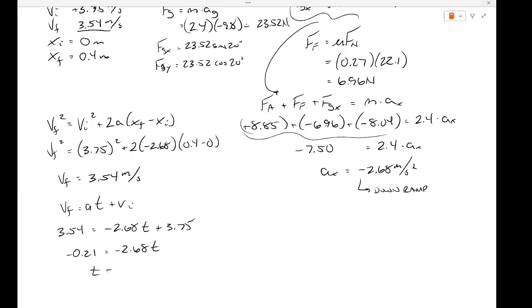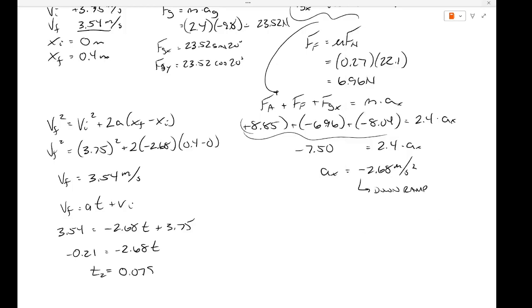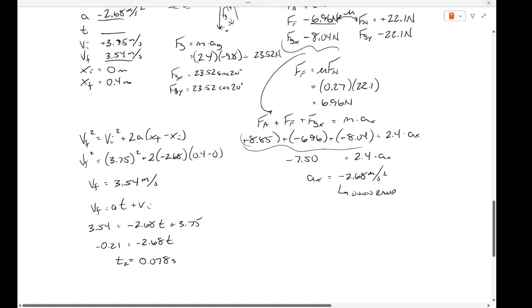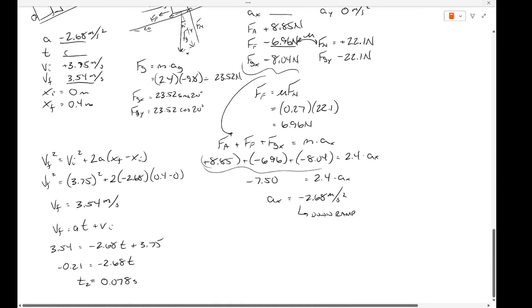That means the time on the ramp, t2, would be 0.21 divided by the negative 2.68. So a really short amount of time, 0.078 seconds. Just a fraction of the time that thing's on the ramp before it launches. All right, so we're almost there, 0.078 seconds.